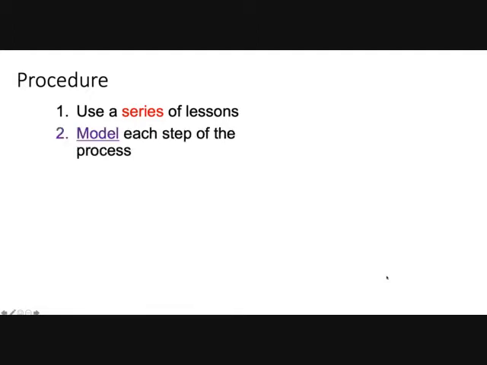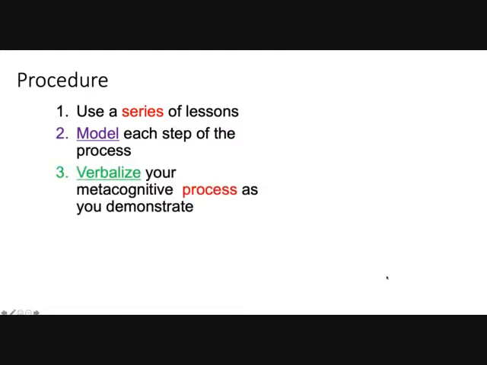It's also really important to model each step of the process. So as the teacher, you're going to show the students exactly what to do as they think about brainstorming, and then how to take those ideas and organize them into a plan, and then how to use that plan to write a draft, and then how to use that draft to be edited, etc. And while you're modeling, you need to verbalize your process.